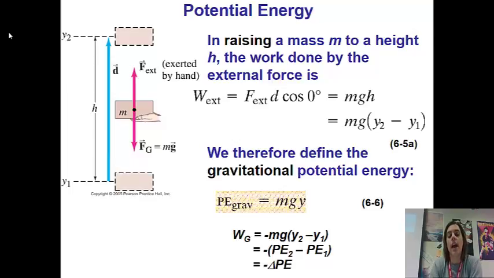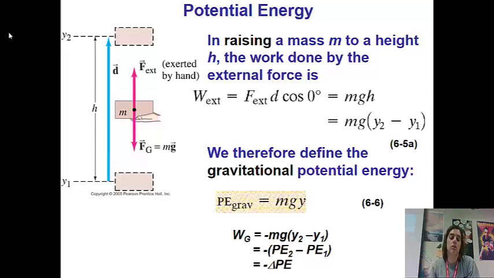Okay, if we look at raising a mass, I'm holding something and putting an external force on it, and I'm going to give it more potential energy because I'm going to increase its height. We then find that there's work done, and therefore we can look at gravitational potential energy, which is mgh, or the change in position.